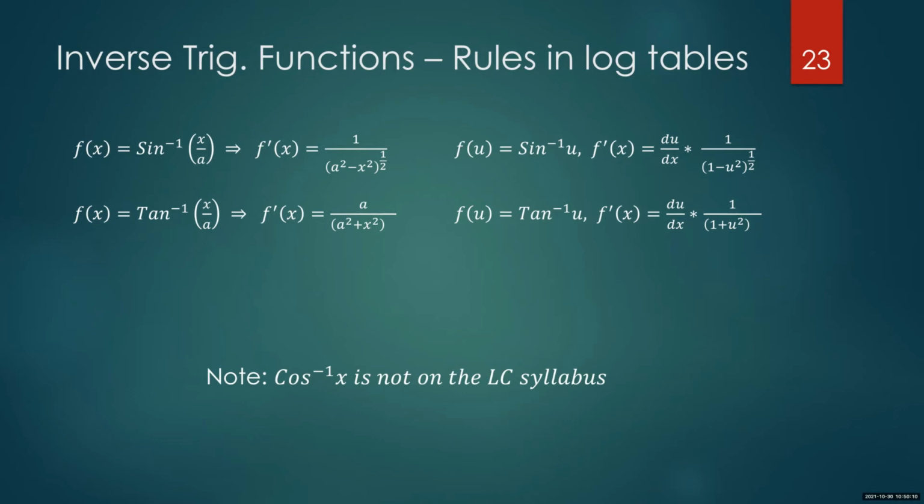Similarly for tan, it's arc tan or inverse tan. Say you get the sine of an angle, and the result is x over a. The inverse sine of x over a takes you back to the original angle. So it's just an inverse function.